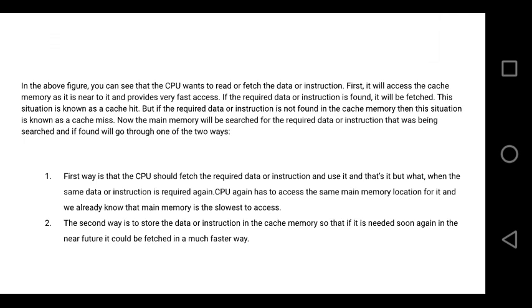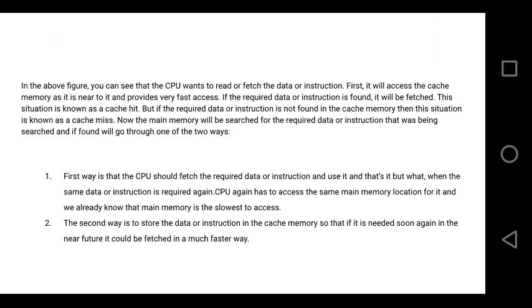Now the main memory will be searched for the required data in case of cache miss, and if found, we go through one of two ways. Let's assume the data is available in main memory, but it is not available in cache. So the first way is that the CPU should fetch the required data or instruction and use it, and that's it.